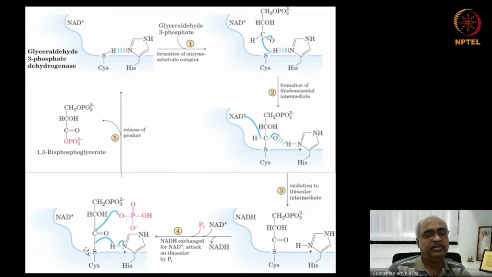And that releases the product, which is 1,3-bisphosphoglycerate. So essentially this hemiacetal oxidized to thioester gets phosphorylated, instead of hydrolysis. So it is exchanged with this. So you have a mixed anhydride, carboxylic acid, and then the inorganic phosphate. So you end up getting 2 phosphates.